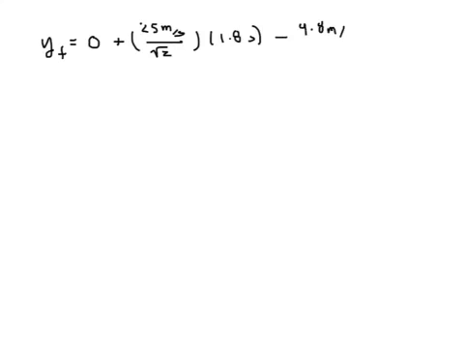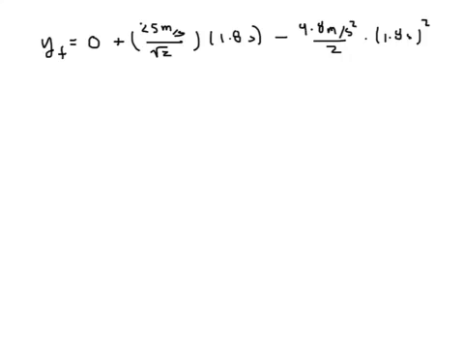Y final is equal to 0 plus 25 meters per second over the square root of 2, that's the initial velocity, times the time, 1.8 seconds, minus 9.8 meters per second squared over 2, times 1.8 seconds squared.